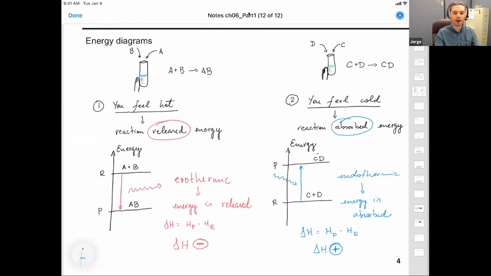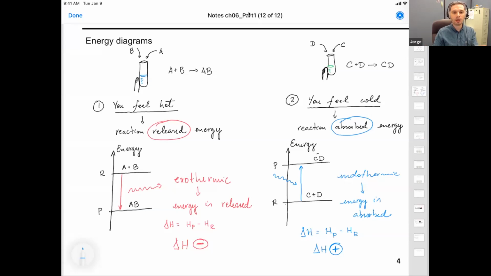And those are the two different types of chemical reactions. Exothermic, energy is released, meaning delta H is negative, and endothermic, energy is absorbed, which yields delta H positive.